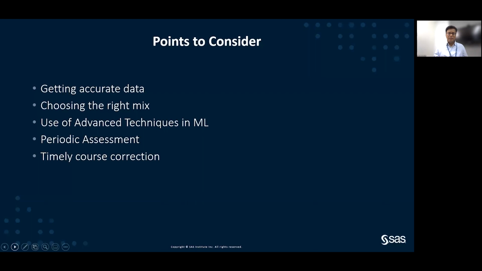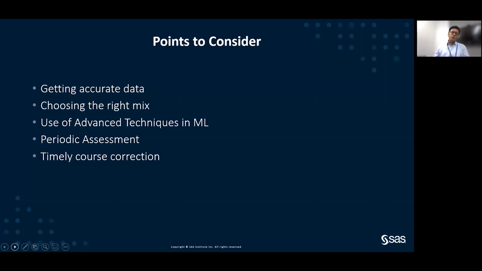We can have 10 or maybe 20, depending upon the soil quality, depending upon the geographical advantages that every country has. It can choose to grow different crops. So choosing the right mix is also one of the things that we should be cautious about before following the approach that we have just seen.